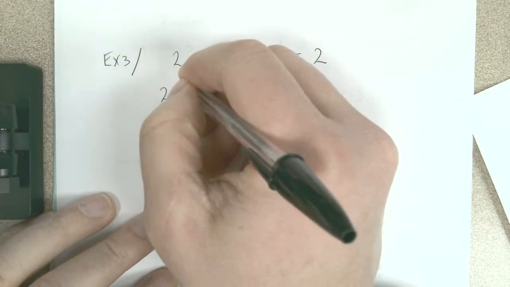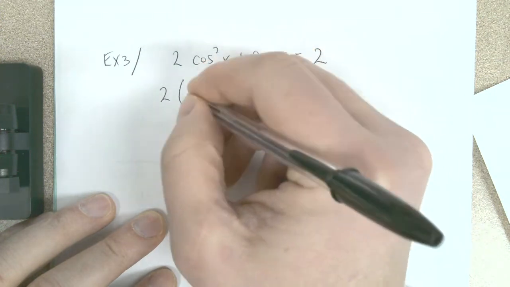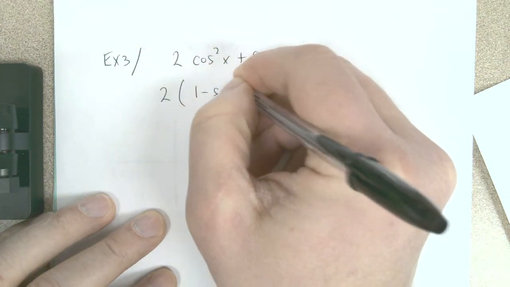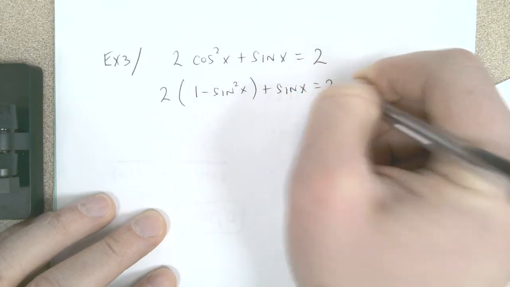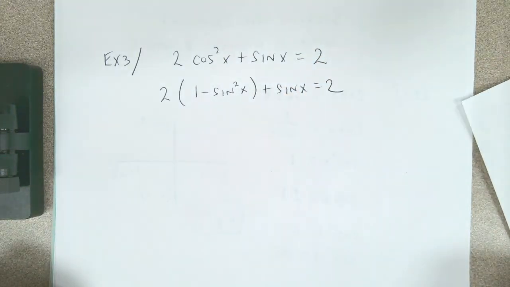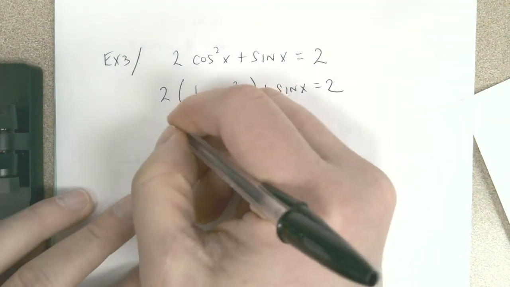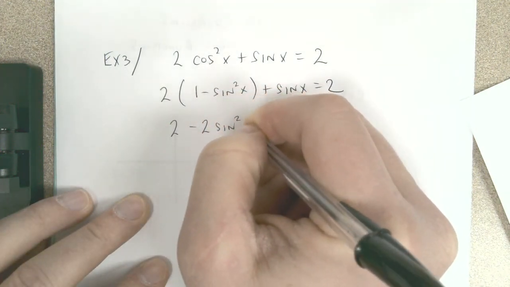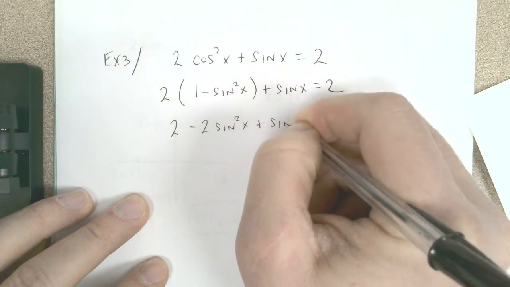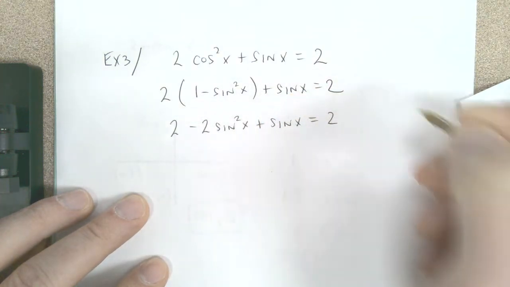We know that cosine squared is the equivalent of 1 minus sine squared. Then you're going to distribute and get rid of the parentheses. So 2 minus 2 sine squared x plus sine x equals 2.